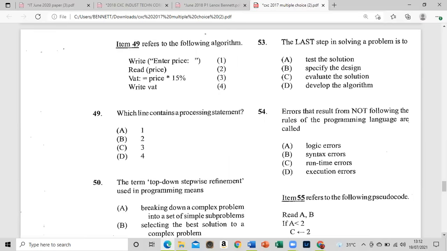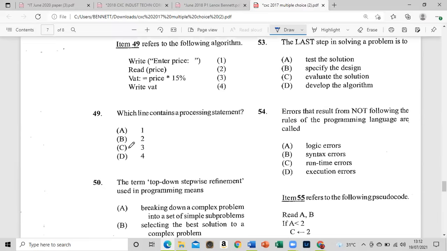Is it 2, read price? Is it 3, VAT is equal to price times 15%, or is it D, write VAT? That's the answer for 49, guys. Did this one on the 2020 paper also. That is C.